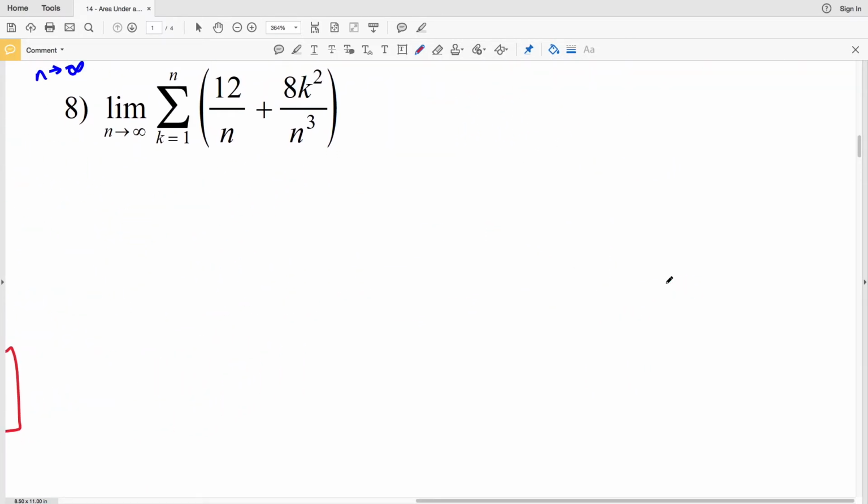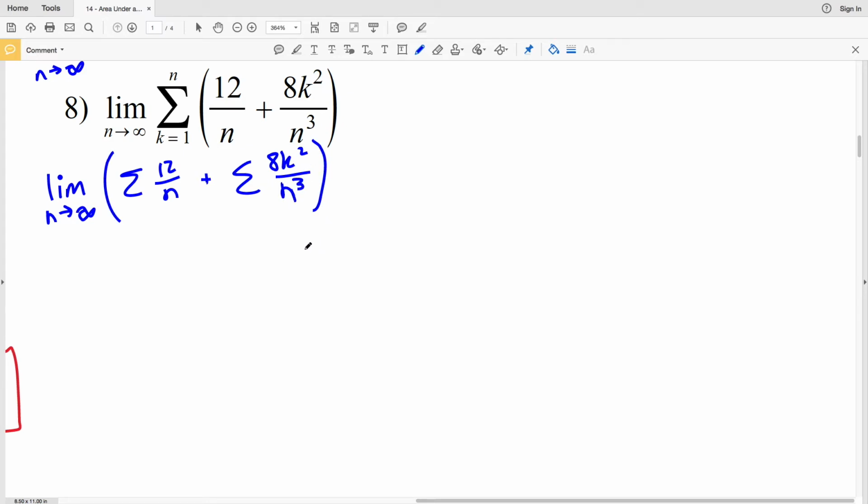And then lastly, for this set of directions, number 8. Again, I'm going to need to split up these summations. So I'll have the limit as n approaches infinity of the summation of 12 over n plus the summation of 8k squared over n cubed.